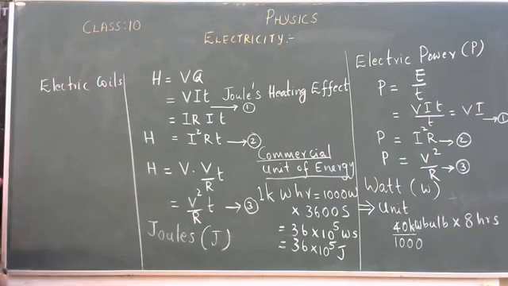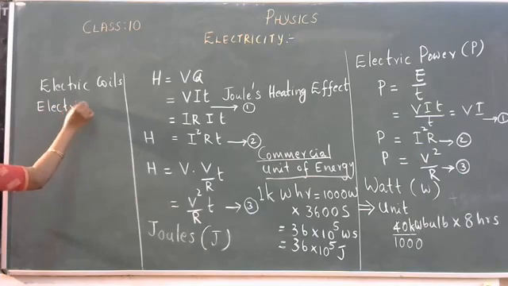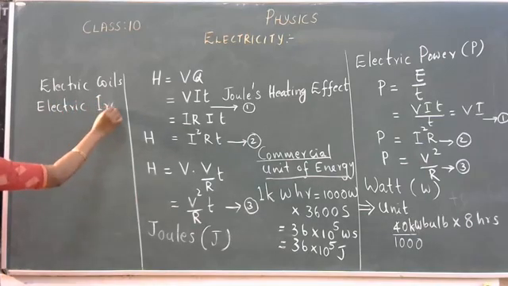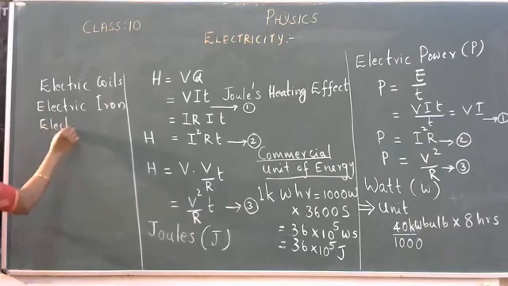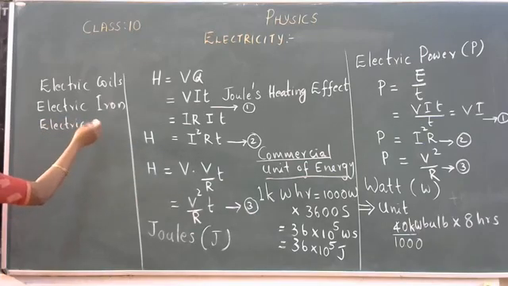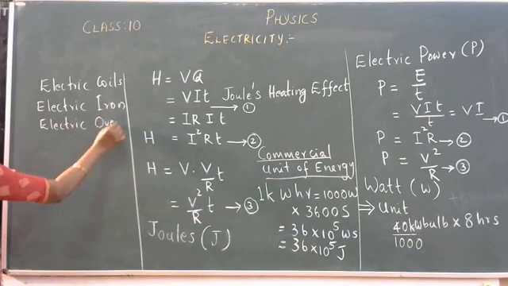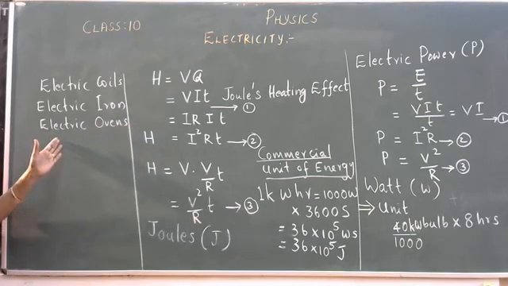Electrical energy is converting into heat energy, and electric iron box and electric ovens. So in all these we can say that electrical energy is converting into heat energy.